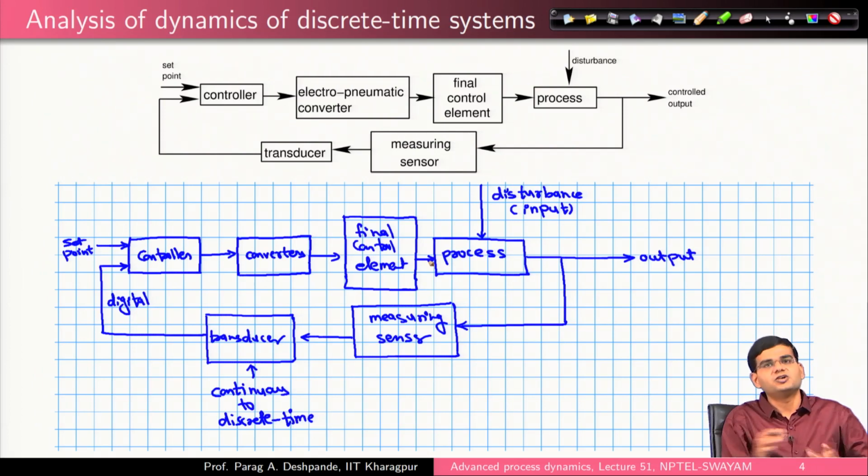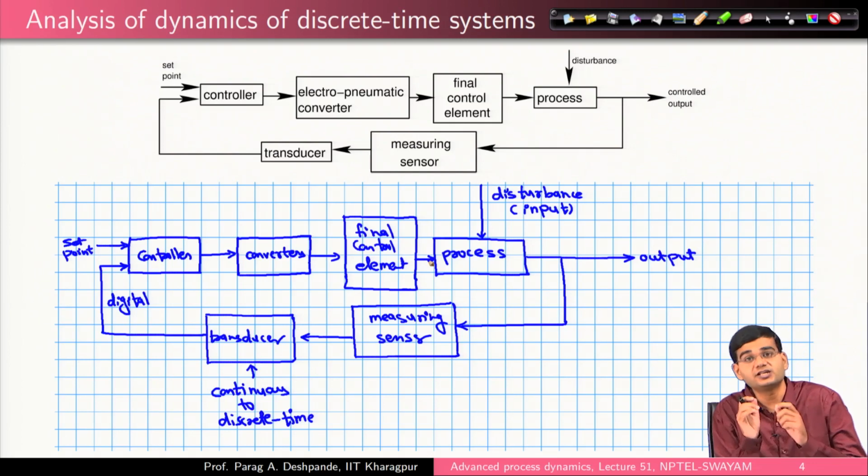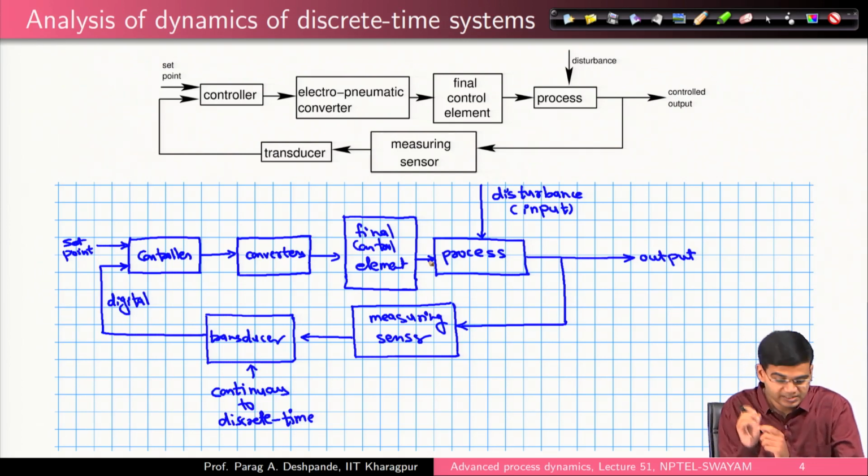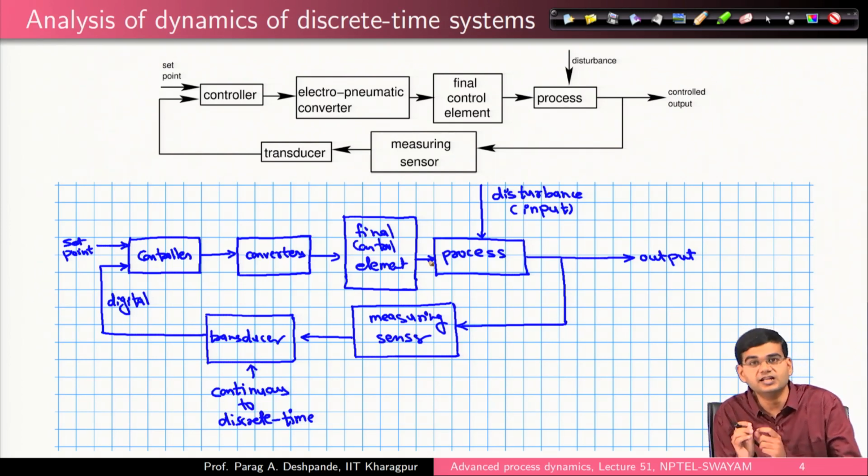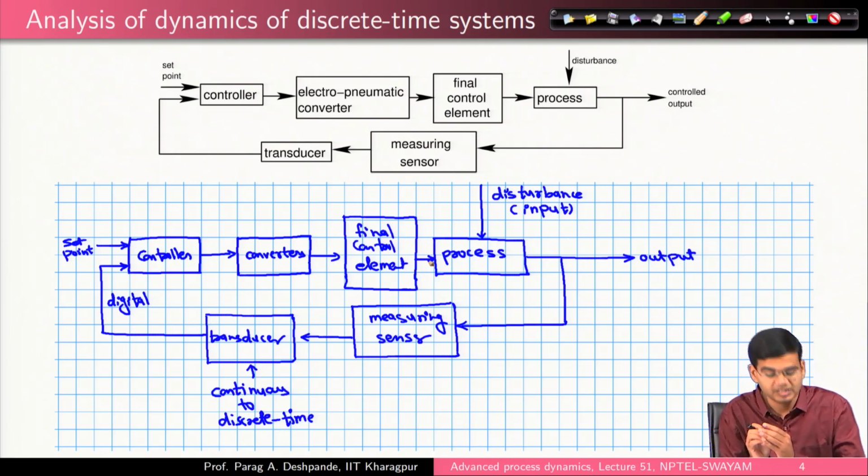So, this is the control loop. This control loop, we clearly identified that you need a transducer which would convert the continuous signal, which is the EMF coming from the measuring sensor, or in our particular case we have in fact used in this particular example a thermocouple.